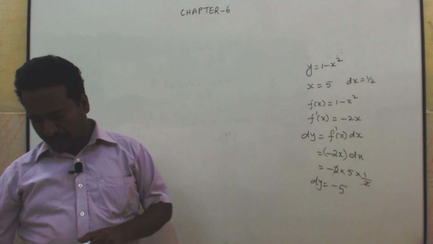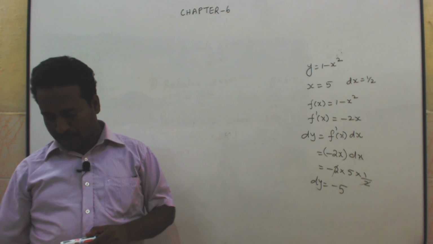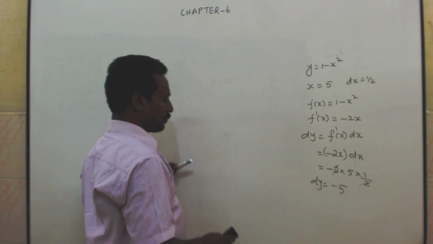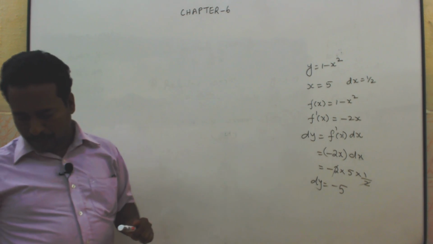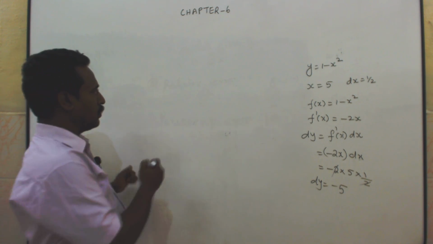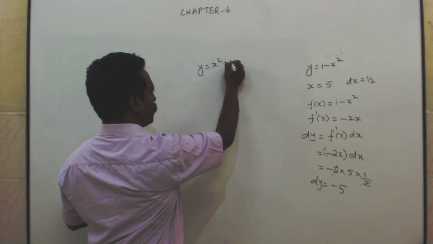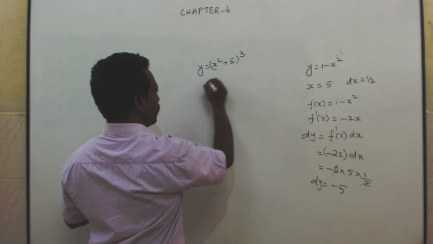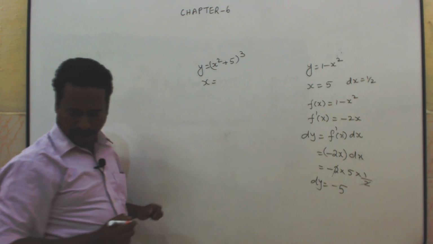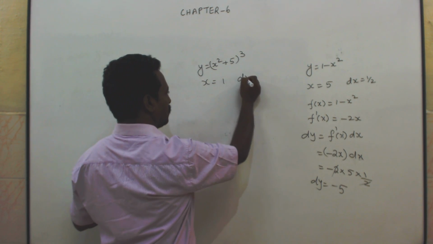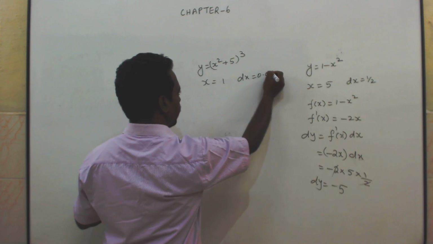So, question number 2, subdivision number 3. y is equal to x square plus 5 whole cube, then x is equal to 1, dx equal to 0.05.